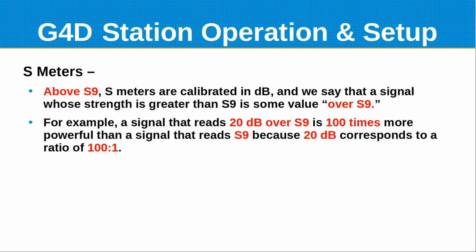Because we all remember 20 dB is a ratio of 100, right? I always remember that. I see it like this: 10 times the log of 100, which is 2.